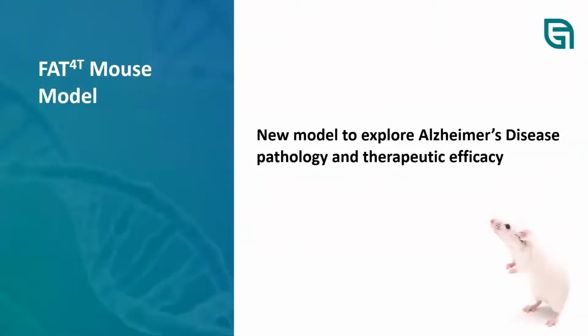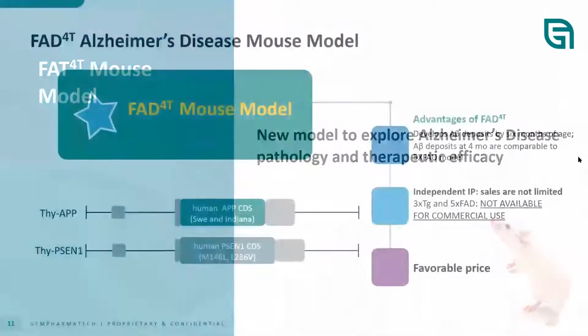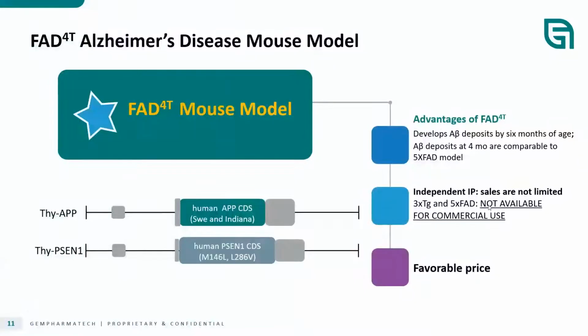So GemPharmatech realized some of the pros and cons of these mouse models, and with that knowledge and with the ability to efficiently generate genetically modified mouse models with precise mutational strategy, they've generated the FAD4T mouse model, to really explore Alzheimer's disease in new directions.